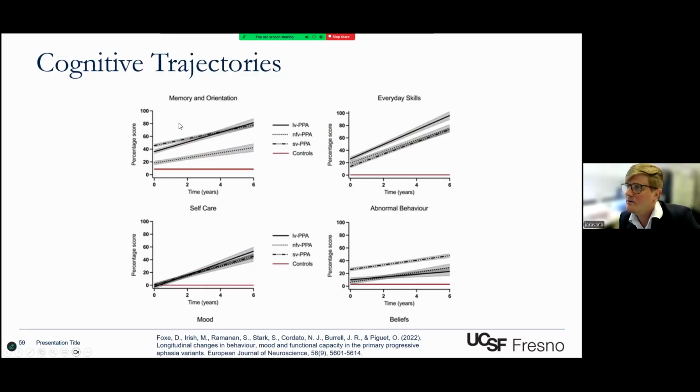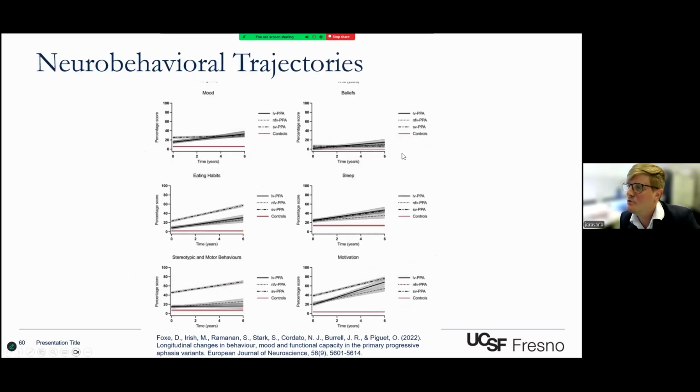So we have different trajectories in everyday skills too, shown here for logopenic, non-fluent, and semantic. There's some similarity here. Abnormal behavior seems to occur more frequently in semantic changes, where temporal lobe and perhaps orbital frontal change seems to be implicated. Mood and other neuropsychiatric changes also seem to have some difference by syndrome.